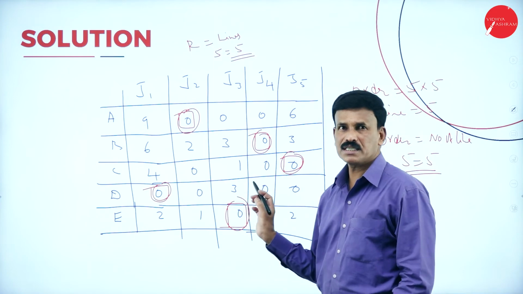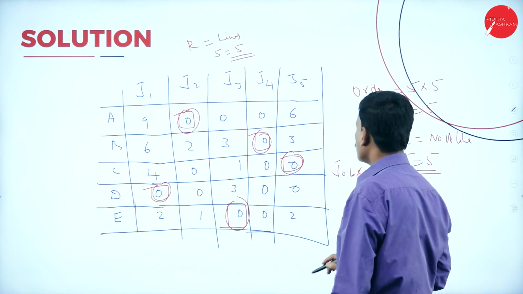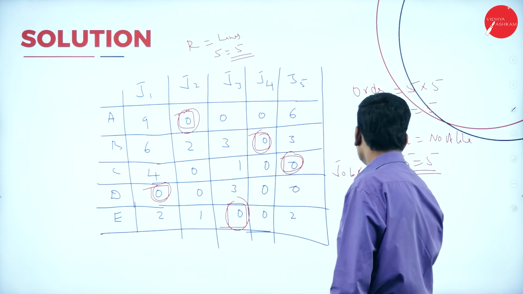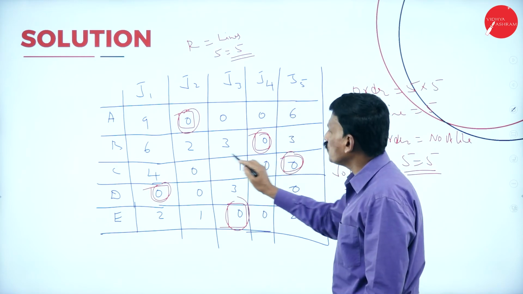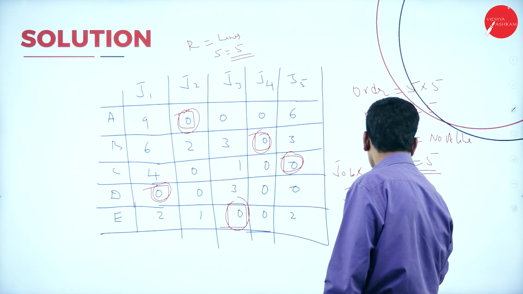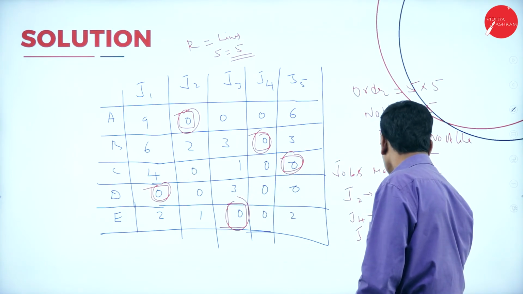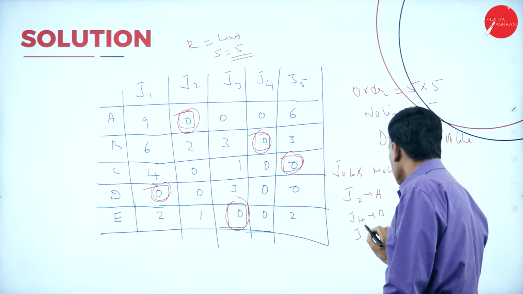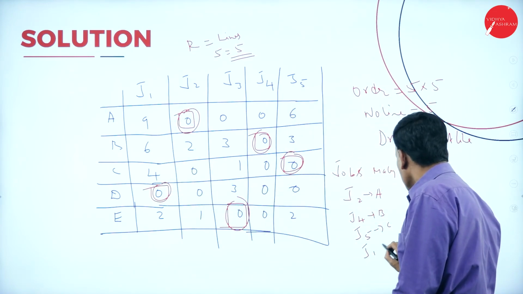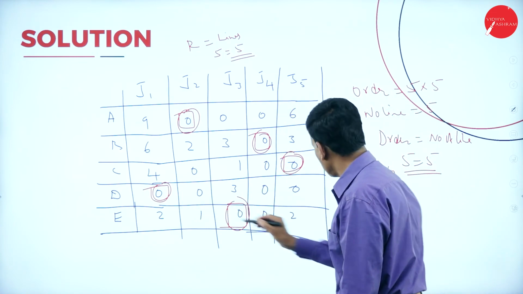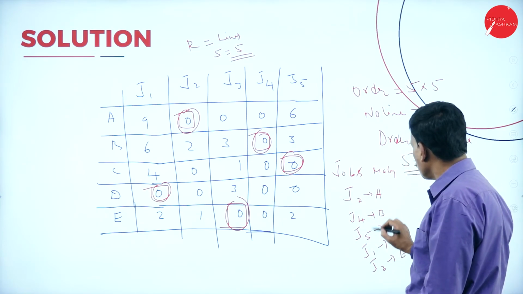Now let me write it here. So therefore the jobs and the machines. Here the first one is J2, J2 is assigned to A. Next J4 to B. Next one is J5 to C. Next 0 is here, J1 to D. Then the last one, J3 to E. See, all J1, J2, J3, J4, J5 are assigned.